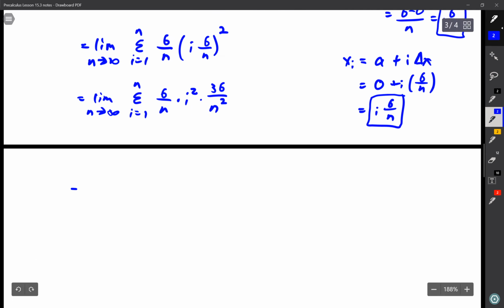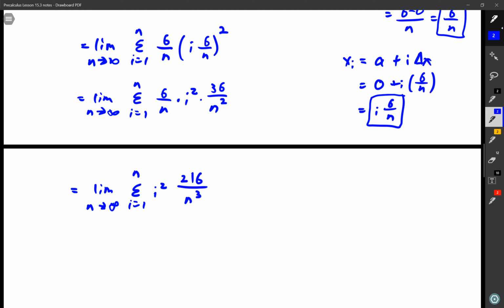So this equals the limit as n approaches infinity of the sum from i equals 1 to n of, and I guess I have this i squared times 36 times 6 is 216. 216 over n cubed.